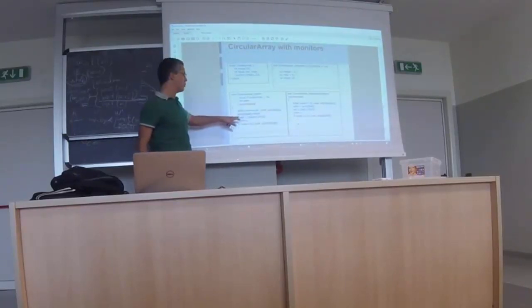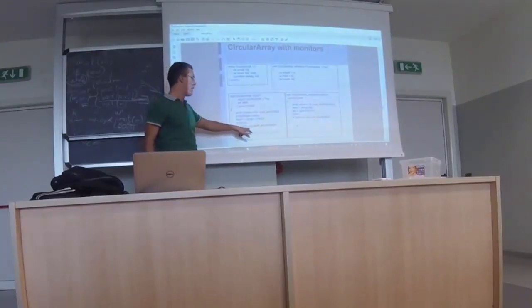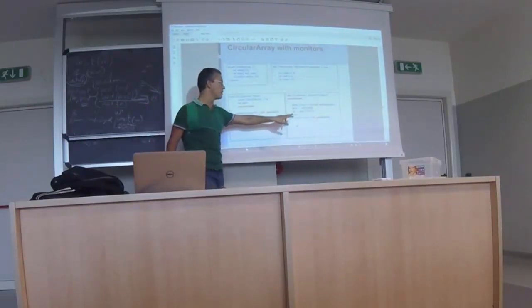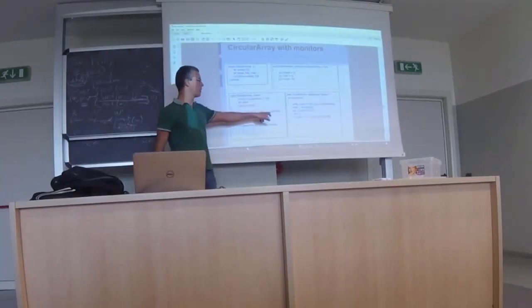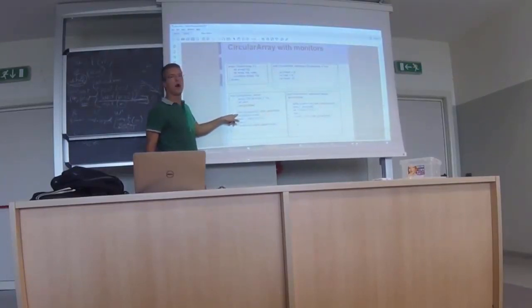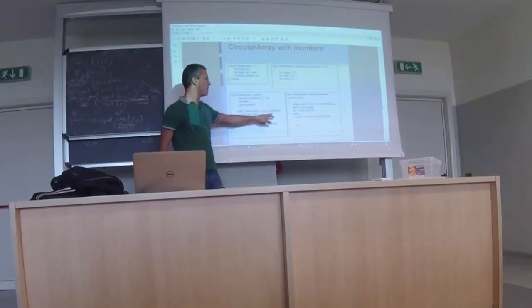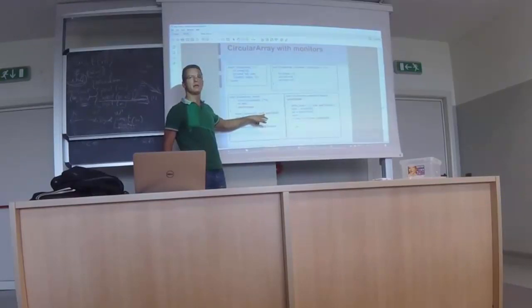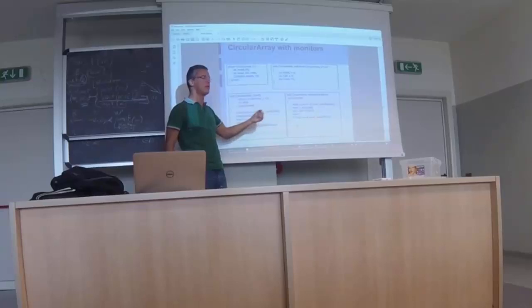Then you do whatever, and if I'm the one that inserted the first element after an empty queue, I will do a conditional signal there. But notice that the blocking primitive is protected by a while. So when I wake up here, if the extractor signals me that there is one less element, so there is one more space to insert things in the circular array, before continuing, I shall retake the mutex.